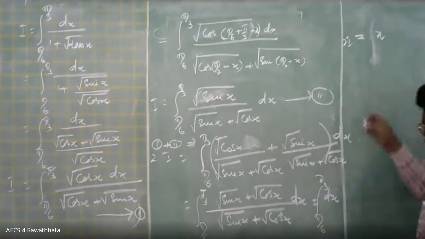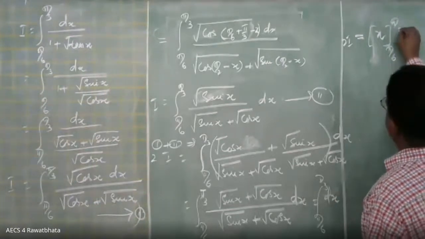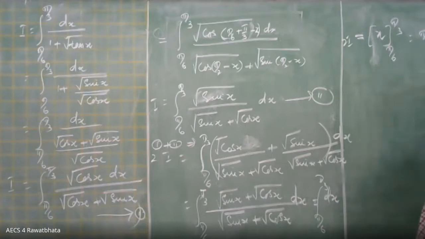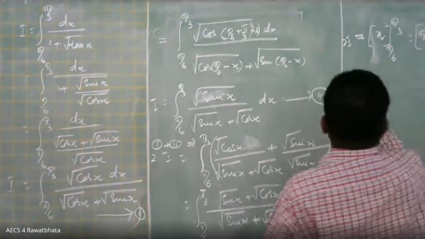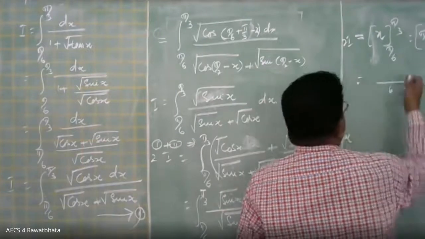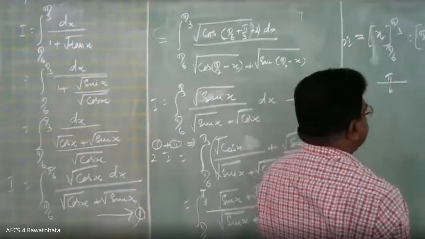So integrate dx, that is x, from pi by 6 to pi by 3. Upper limit pi by 3 minus lower limit pi by 6. Here 60 minus 30, that is pi by 6 only.